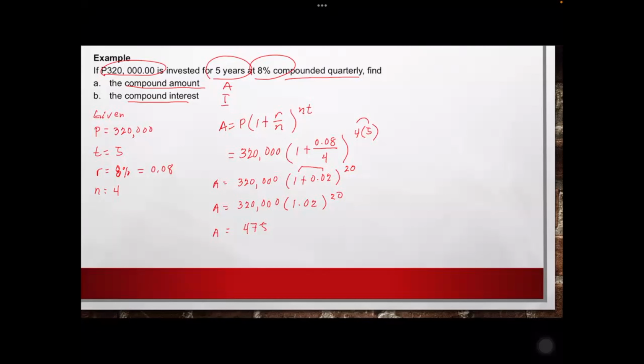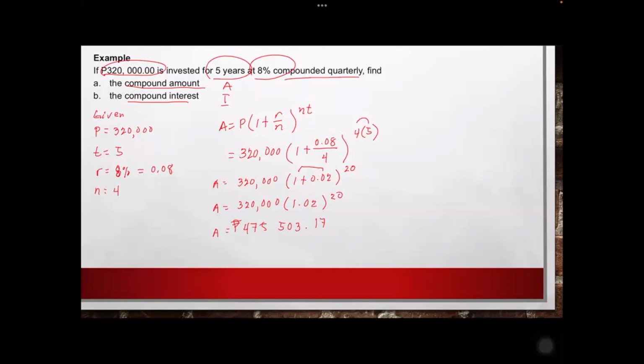Sure ba yung sagot mo? 475,503 po. Anong decimal? 17 po. So 475,503.17 as the compound amount. Next is we need to find for the compound interest.